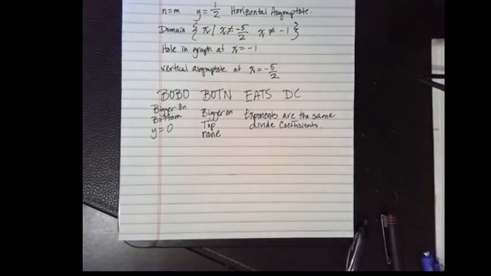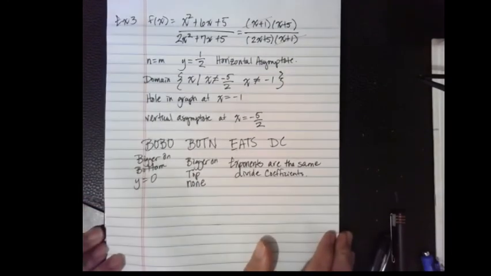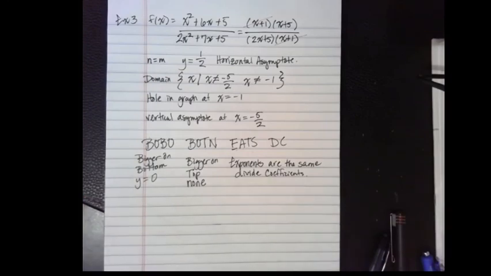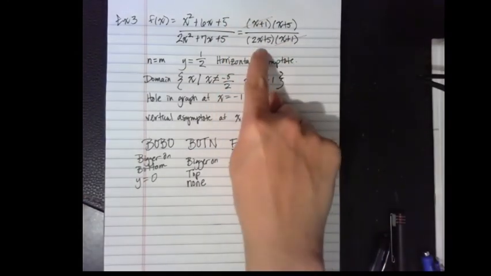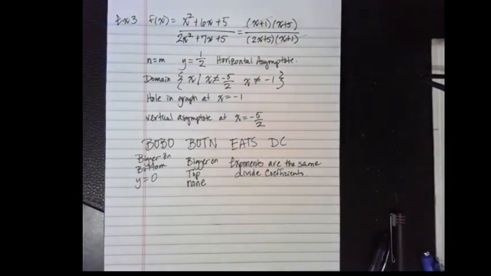So if you're the type of student that uses mnemonics like this to help you remember things, that's generally used. Just remember, you can find all of these by factoring. What cancels out is giving you holes. What's left over is your vertical asymptotes. And you really just have to remember those 3 rules about the horizontal asymptotes.